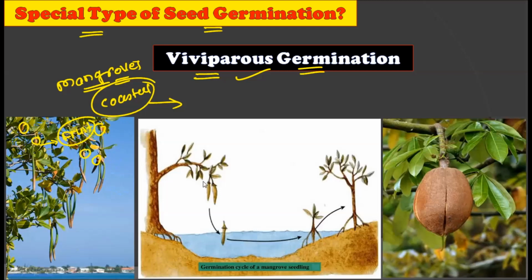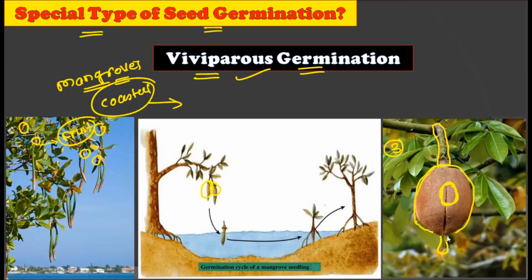That is, the fruit is still present on the parent plant, but from this fruit, the seed starts to germinate. You can observe in this picture. See, this is a mangrove's fruit, and this fruit inside contains the seed. Now, if you observe carefully, this fruit is still attached to the parent plant. This seed, which is present inside the fruit, starts to germinate.